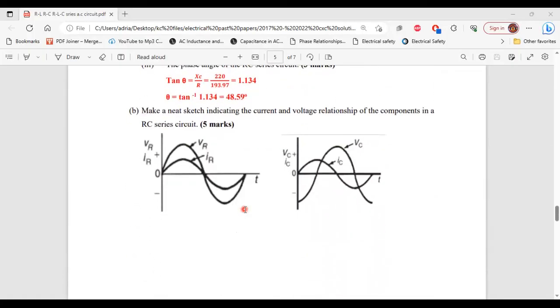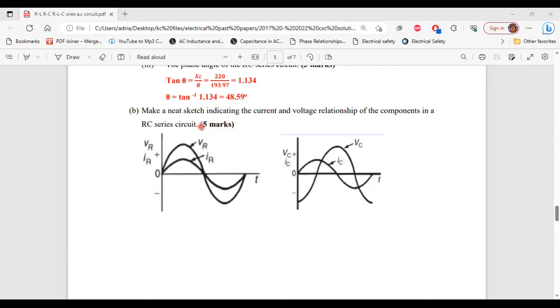For part B now, it says make a neat sketch indicating the current and voltage relationship of the components in a RC circuit. So for the RC circuit, we know that we have resistors and capacitors.